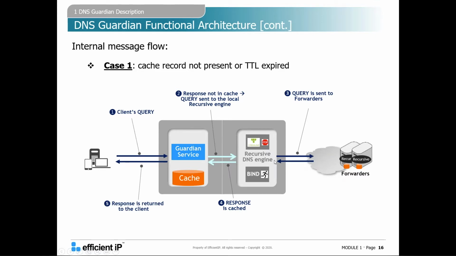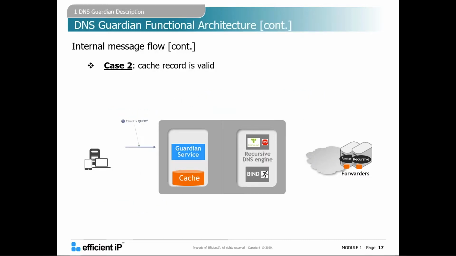Once the answer is replied, this will also cache the response and then send it over to the Guardian, which will then cache that response and provide the response back to the client. So what happens when the cache is already there? The client asks, goes through the Guardian service, it checks the answer is in the cache, and straight away it will reply.